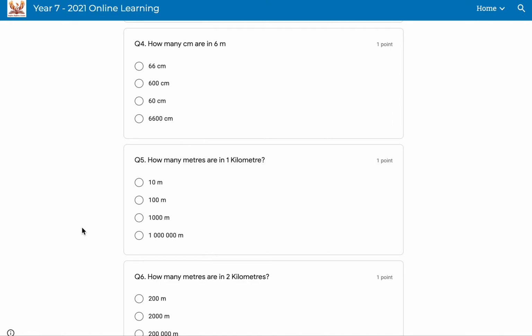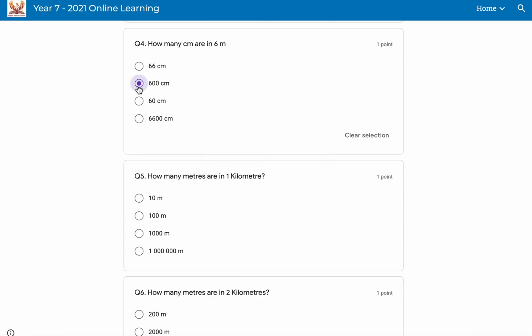Okay, same again. How many centimeters are in 6 meters? Well, the conversion is 100 because there's 100 centimeters in 1 meter. So 100 times the amount of meters, 100 times 6, 600 centimeters. And that's because we're converting from 6 meters to centimeters. We're converting from a larger unit here, meters, to a smaller unit, centimeters.